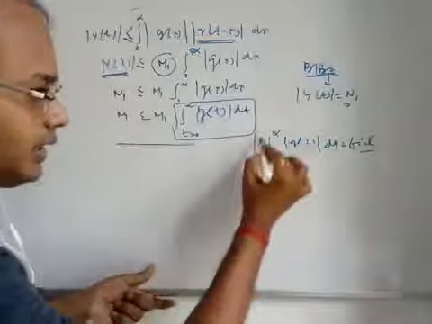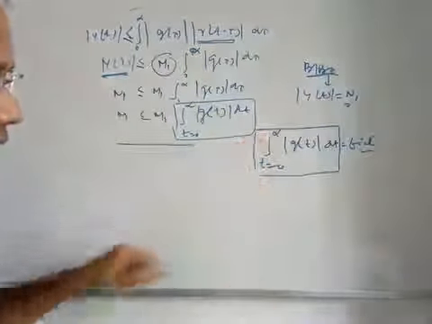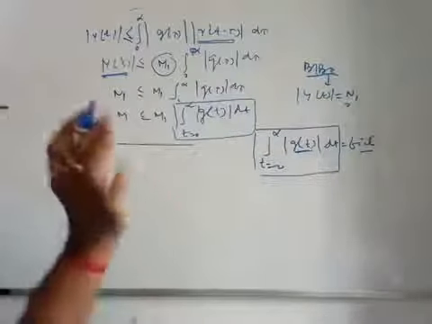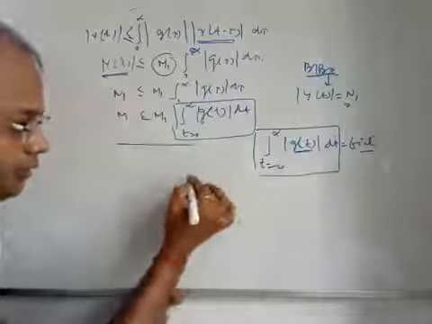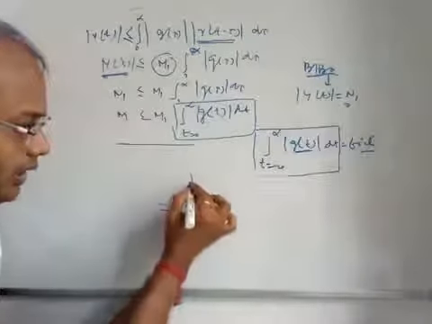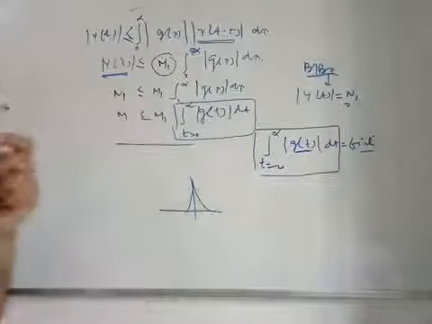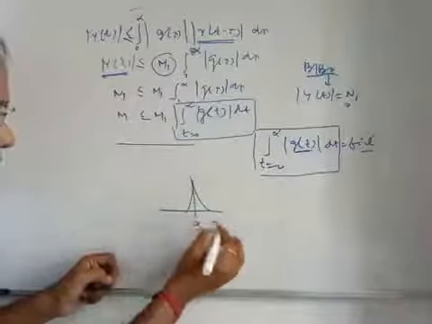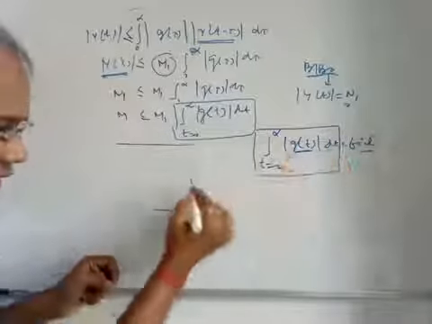What is this? This is the integration over the area. The modulus of g(t) dt is the absolute value. Say, for example, this is your absolute value of the impulse response. Now the area over the limit 0 to infinity, if you consider the integration of g(t) dt, that is the area.